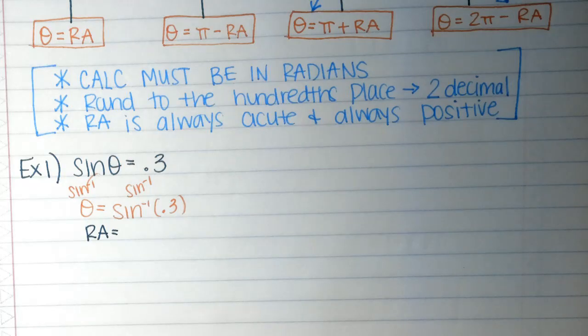I can go to Desmos, and I can just type in the inverse sine of 0.3. You're going to need to go to functions. I can't see because of the light, so can you tell me?